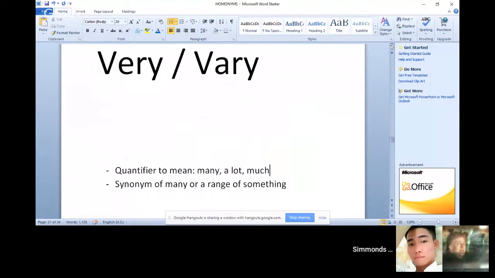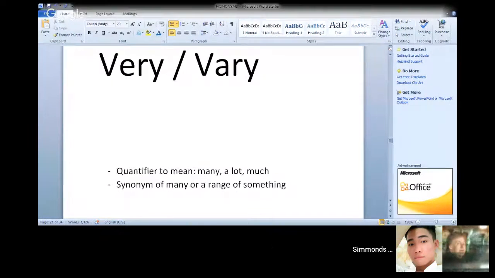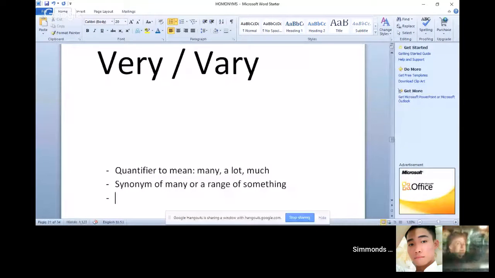I was looking for a synonym here. And the other, vary with an A, is a synonym of many or a range of something. And so I can say, what's a good sentence? The colors vary from light blue to dark blue, for example. Does that make sense? Oh, I don't understand the second word.